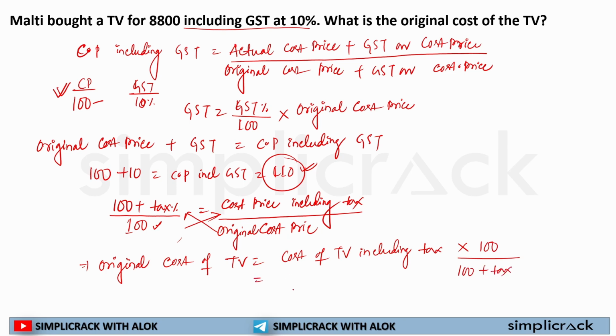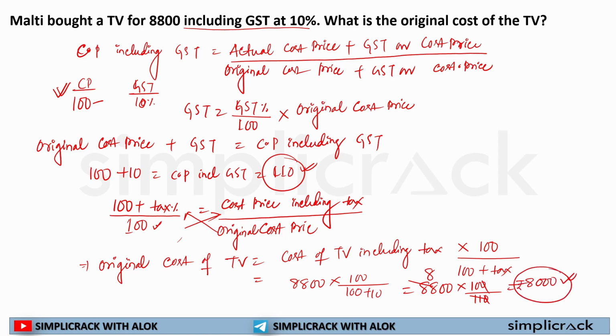Here cost of TV including tax is 8,800 multiplied by 100 divided by, the GST rate is 10%, so 100 plus 10. So it is 8,800 multiplied by 100 divided by 110. 0 0 will cancel out. 11 into 8 is equal to 88. So it will be 800 into 10 is equal to 8,000. So what is my original cost? 8,000. And how did I find out? I found it out through this formula.